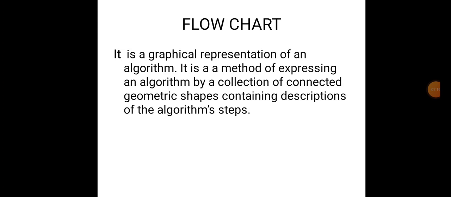Once an algorithm has been specified, its correctness must be proved. An algorithm must yield a required result for every legitimate input in a finite amount of time. For example, the correctness of Euclid's algorithm for computing the greatest common divisor stems from the correctness of the equality GCD of m comma n equals GCD of n comma m mod n.